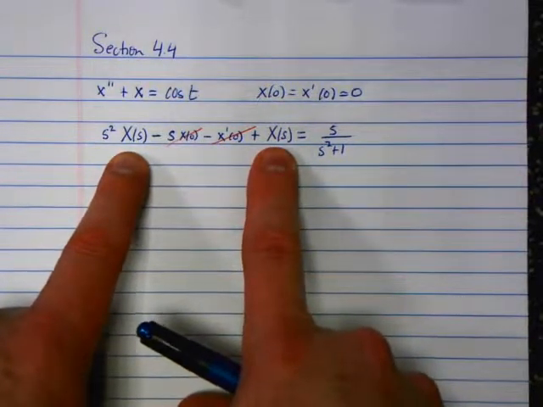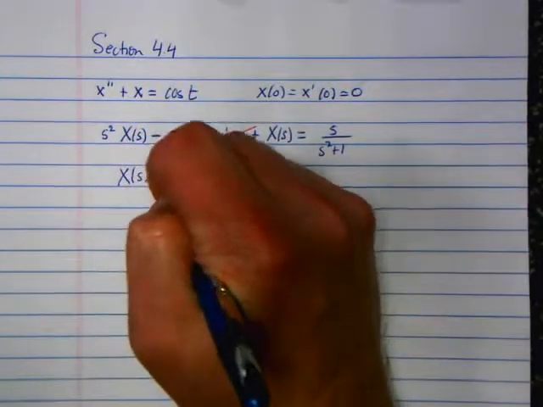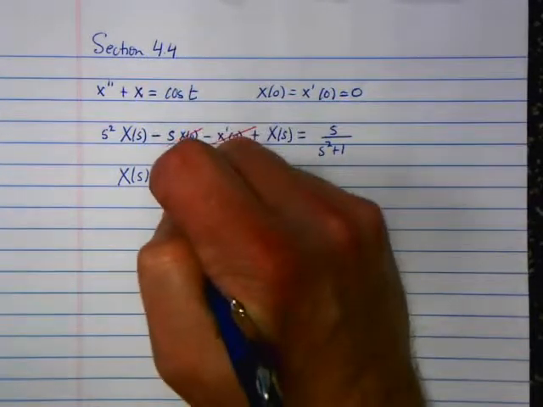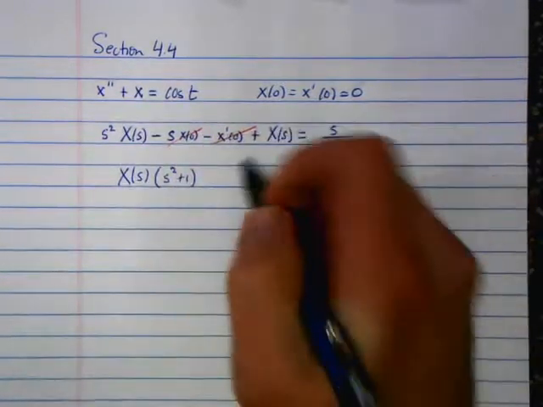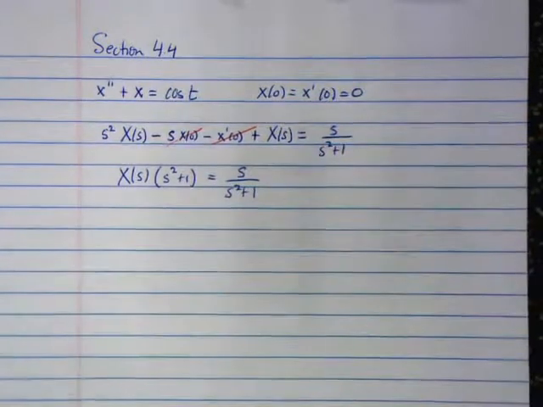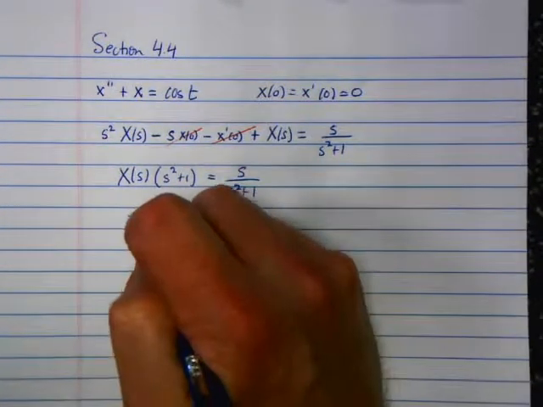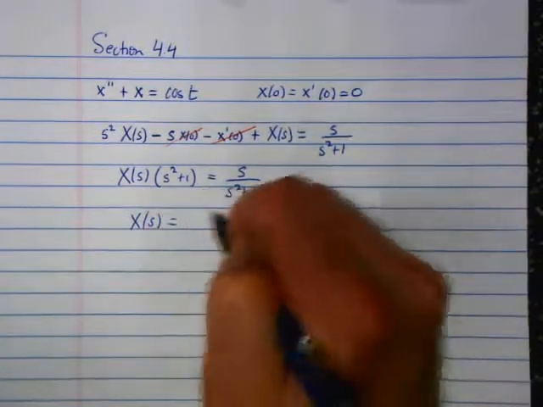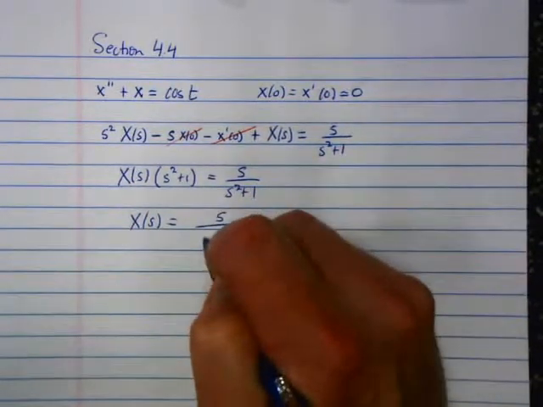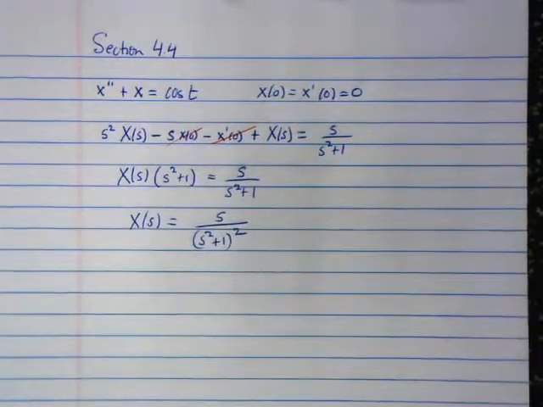We can factor out a big X. So we factor out a big X. We're left with s squared plus 1 equals s over s squared plus 1. You divide. So big X is s over s squared plus 1 squared.